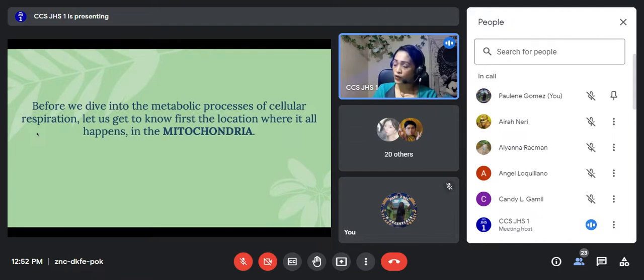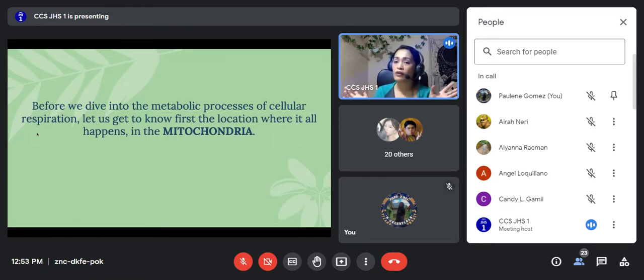So please take note that in this particular process, our focus now for the organelle or cell part has shifted from the chloroplast. We're now focused on the mitochondria. Do you still remember the famous line for the function or role of a mitochondria?